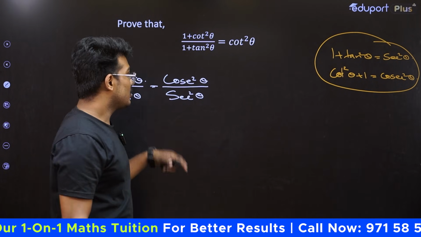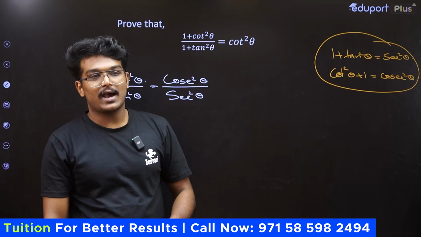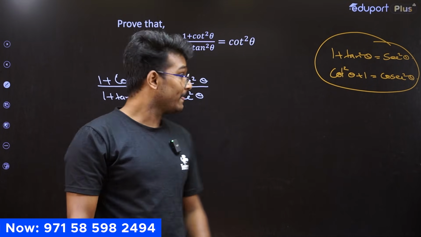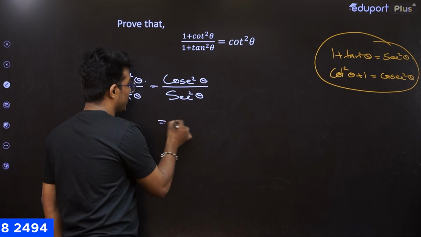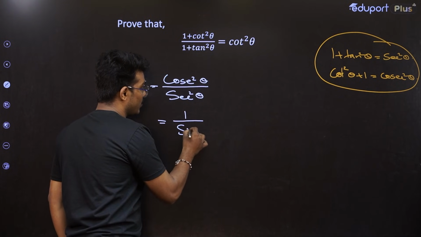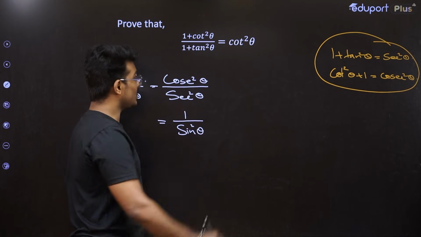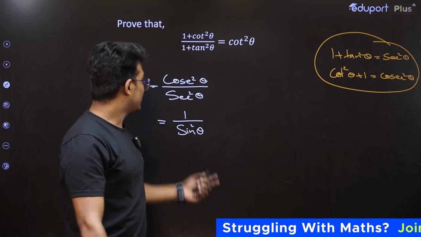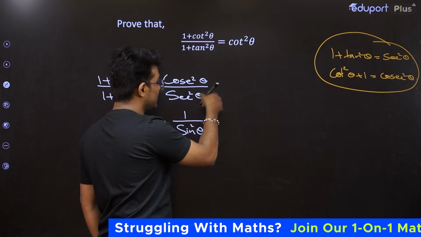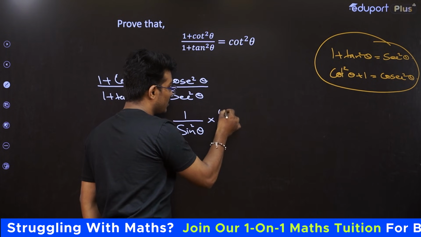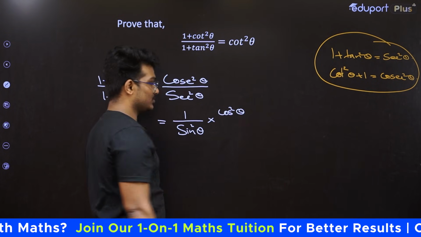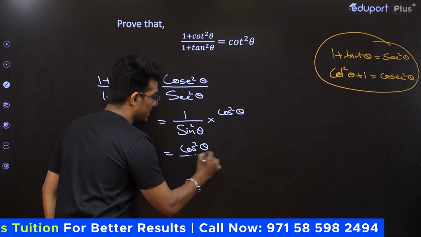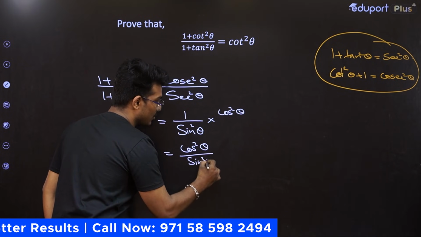We know that cosec is the reciprocal of sine and sec is the reciprocal of cos. So cosec square theta can be written as 1 by sine square theta. Then 1 by sec square theta is equal to cos square theta. So this can be written as cos square theta divided by sine square theta.